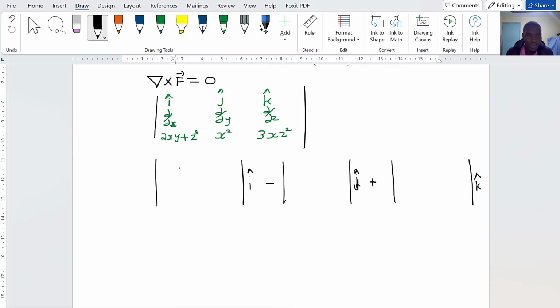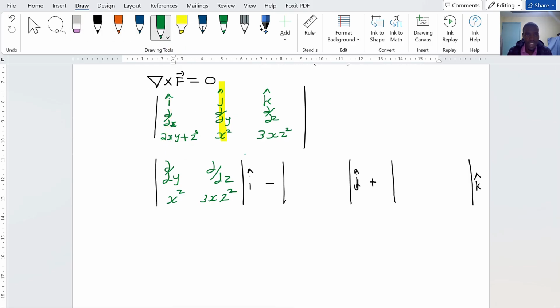Correct. So as usual, we want i, we close i. When you close i, the matrix is d/dy, d/dz, and then we have x squared, then 3xz squared. Now you want j, you close j.